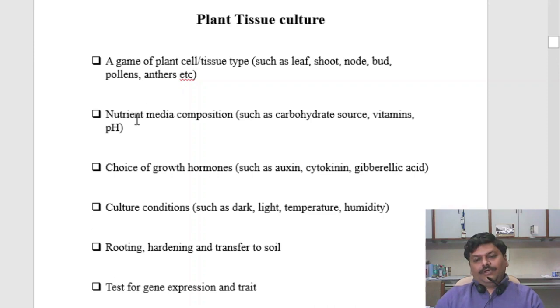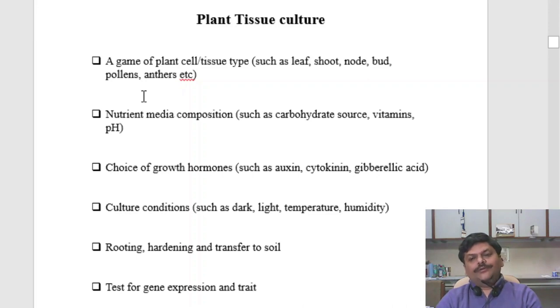So when we say plant tissue culture, as I have just shown in that picture, plant tissue culture is a game of plant cell tissue type, collectively called explant, which can be of leaf, shoot, node, bud, pollen, or in another way, any plant part or group of cells. Then we need to have an important nutrient media which is a source of different types of nutrients. Say for example, as humans, we need carbohydrates, proteins, vitamins, minerals for proper growth and development.